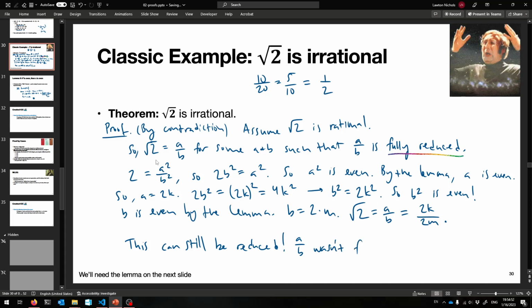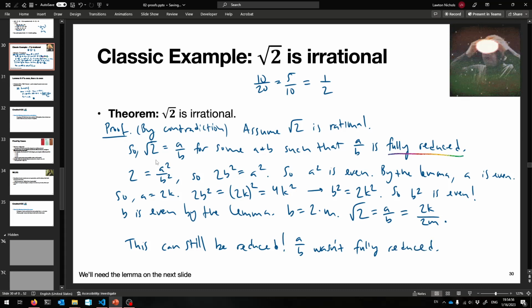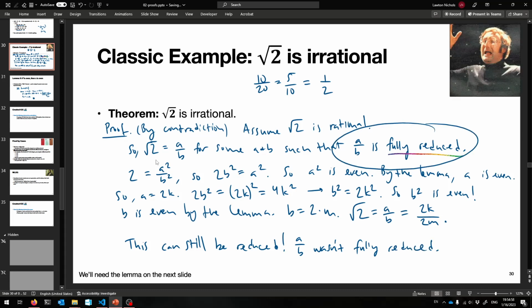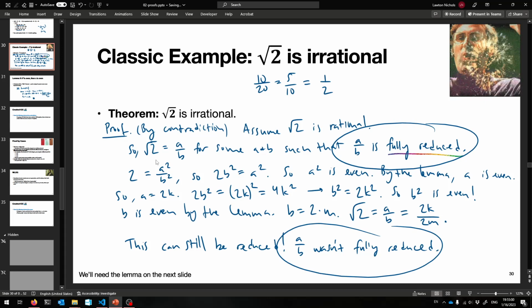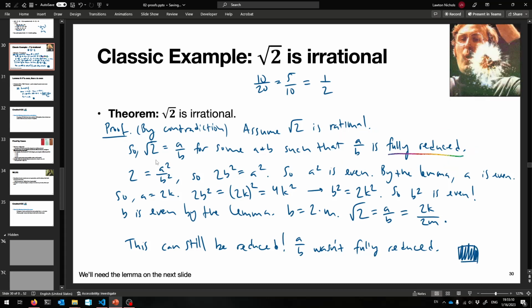So I have that a over b is fully reduced, and I just proved that it wasn't fully reduced. To have both is to have a contradiction. Contradiction, QED, mic drop.